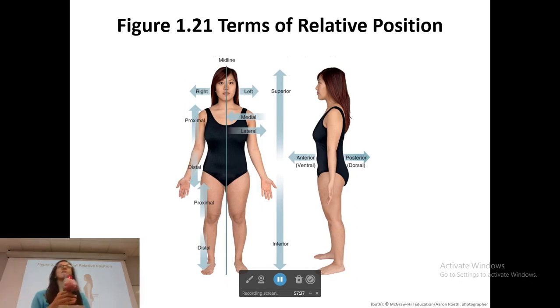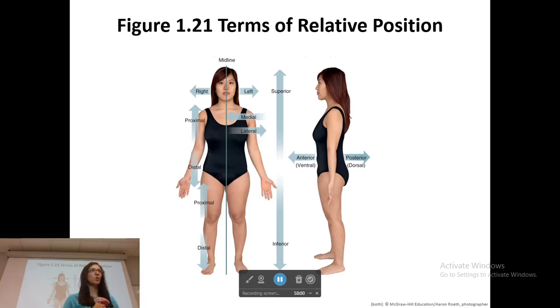And we have the right atrium and the left atrium and the right ventricle and the left ventricle of the heart. When I'm looking at it, I'm thinking, okay, this is the left. No, that's the right side of the heart because that is this person's right side.